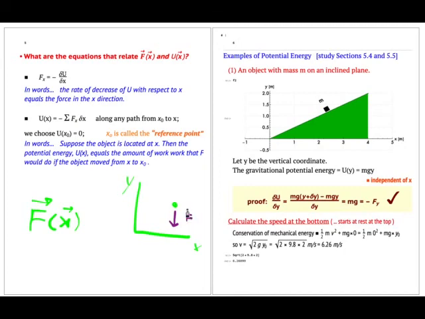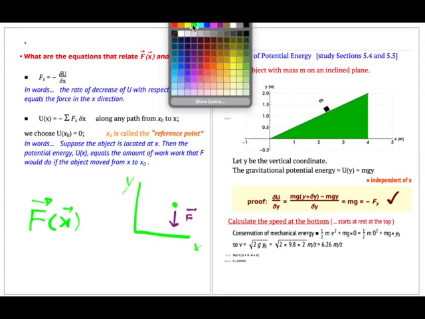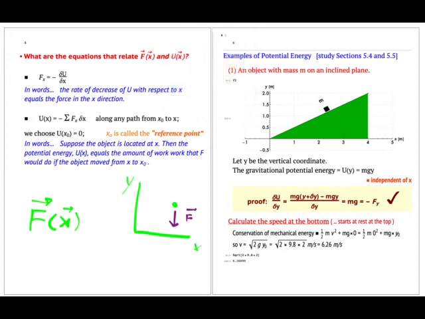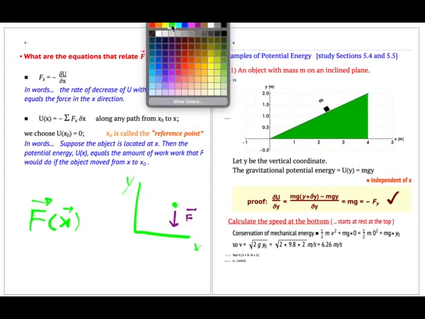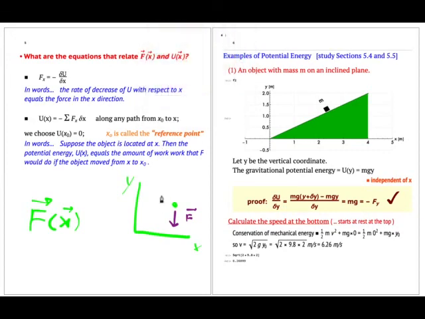Force is a vector, so it has to have a direction. Well, let's say it's in the negative y direction. And it has to act on something. What's it acting on? Well, it's acting on m. So there's m.